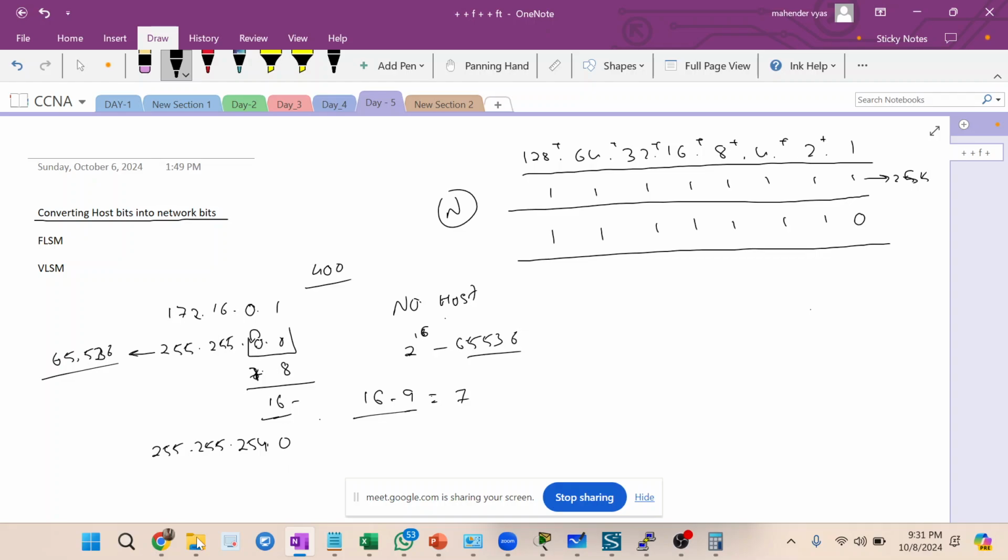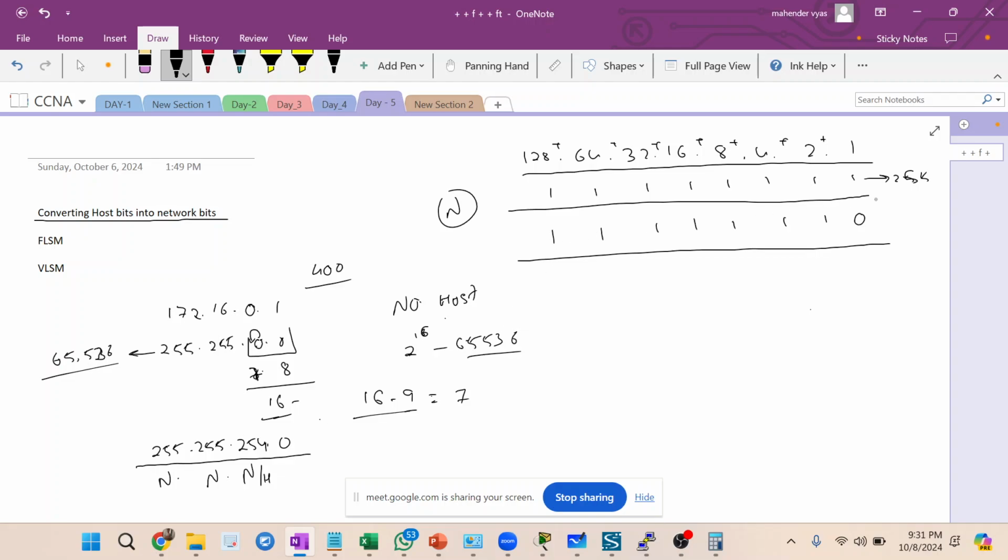Now tell me what the network addresses are and what the host addresses are based on this. In this address, the first octet is a network, second octet is a network, third octet is a network as well as a host, because this is not all ones and not all zeros, right?